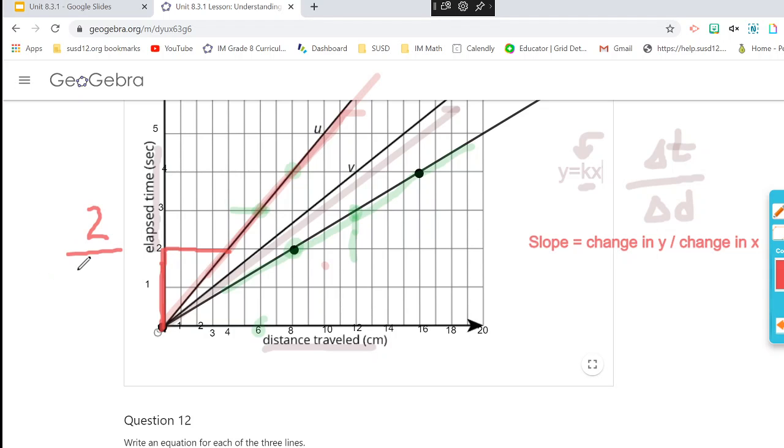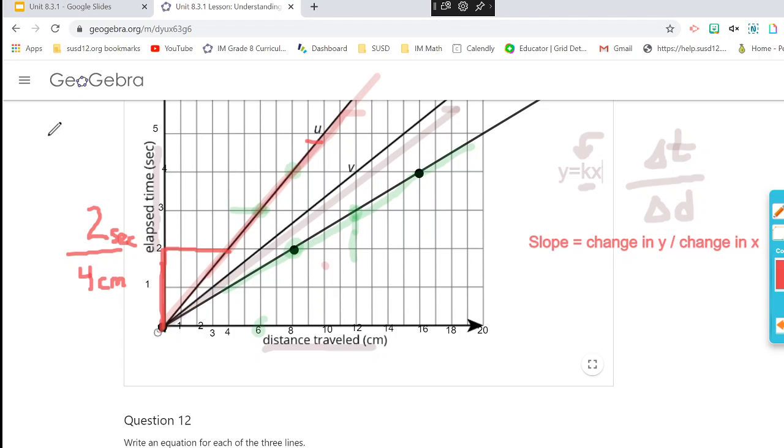So make a ratio, 2 to 4. This is the slope of Ladybug's line. It says that for every 2 seconds, I'll put units here, for every 2 seconds, Ladybug travels 4 centimeters. Okay, that is the slope of Ladybug's line.